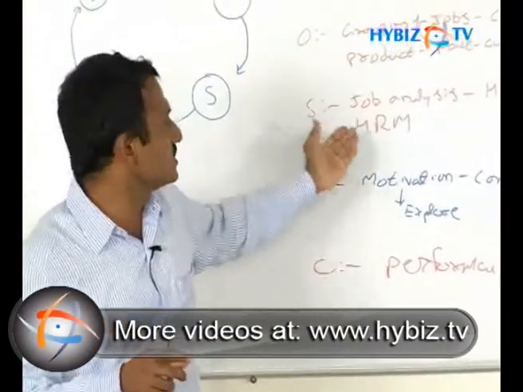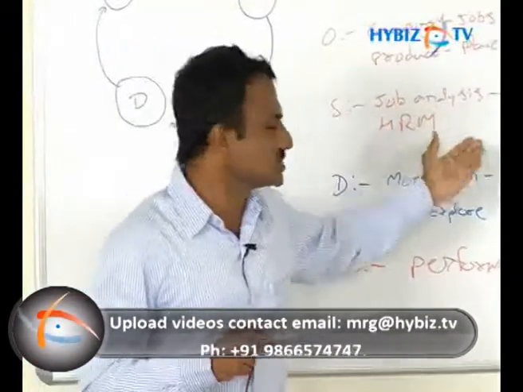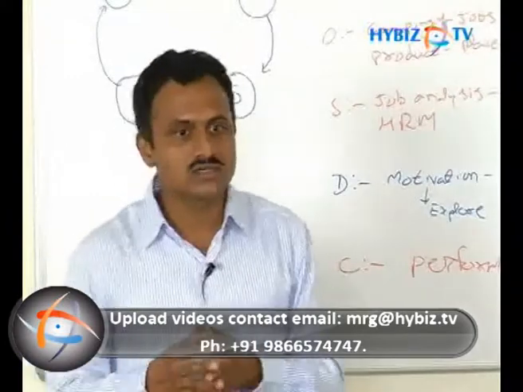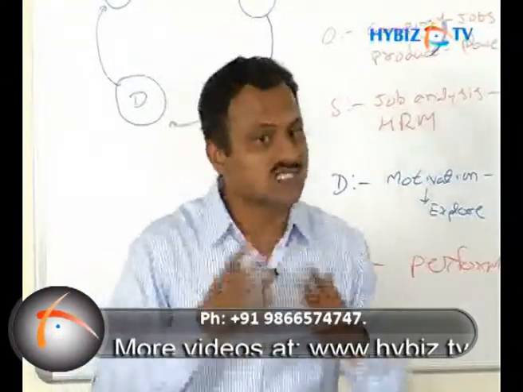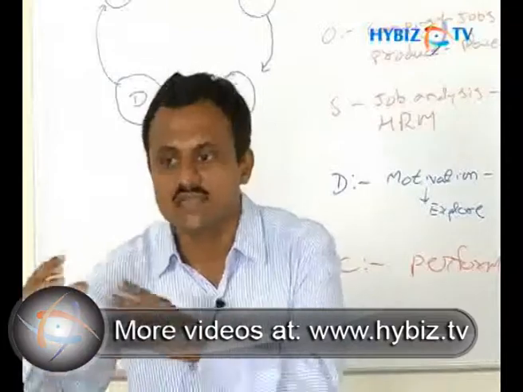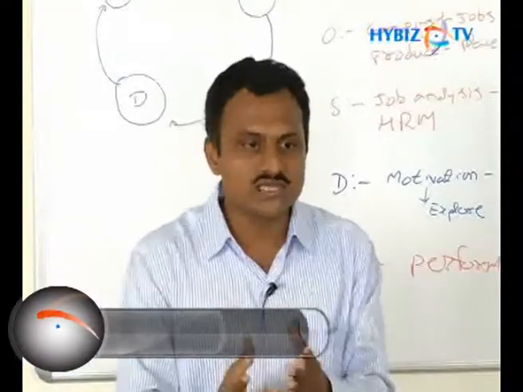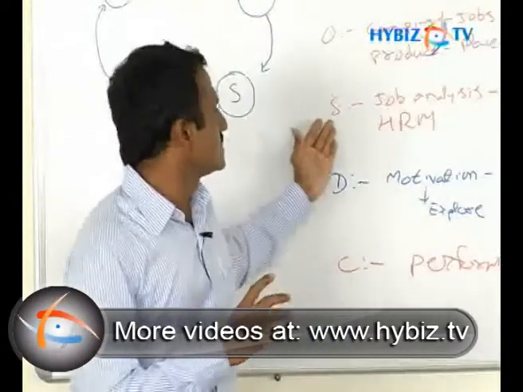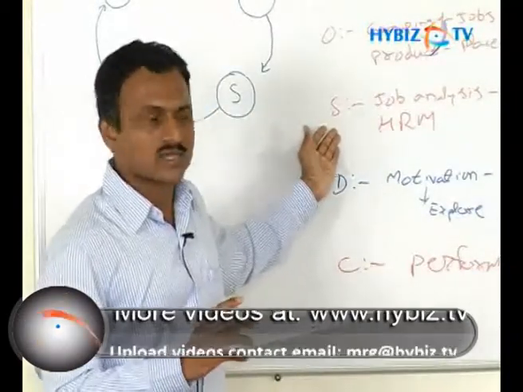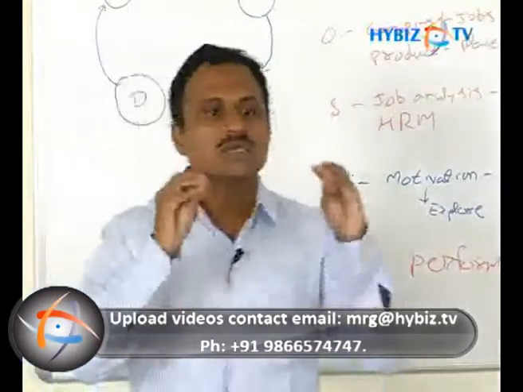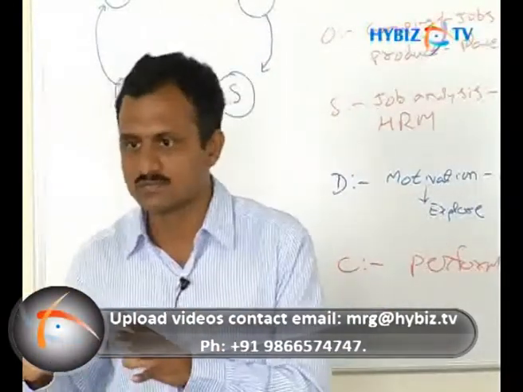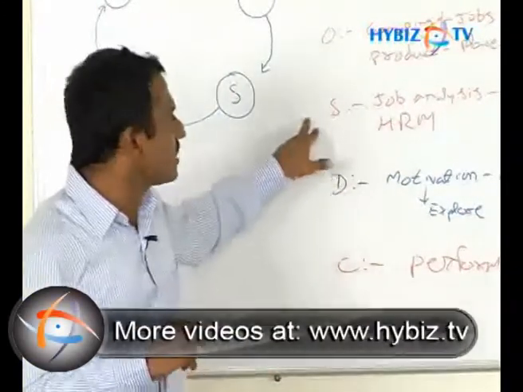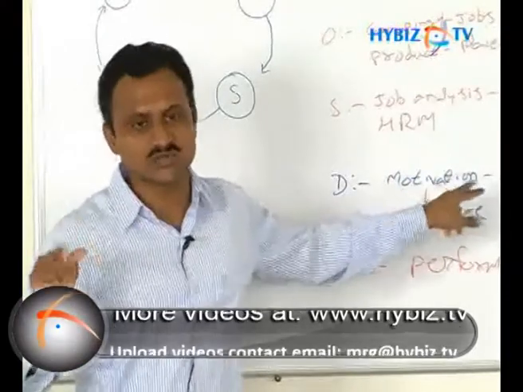In staffing: job analysis, human resources planning, recruitment, training, executive development, motivation activity, how much salary I am going to give for each and every employee, how to motivate them, and finally how to coordinate all these activities. That is why this is also called human resource management. Which one will we call human resource management? Very good. So staffing is also called human resource management.